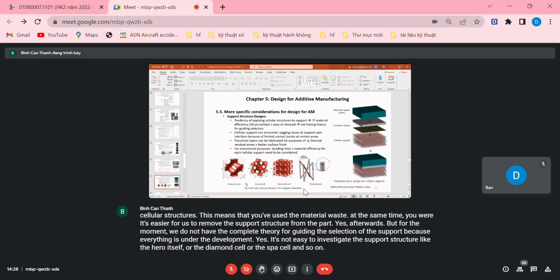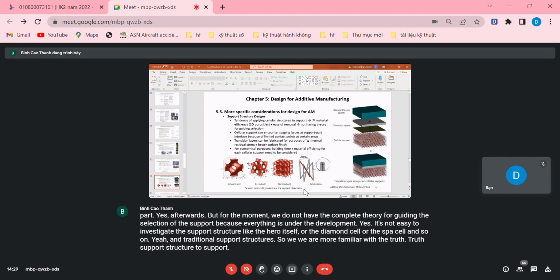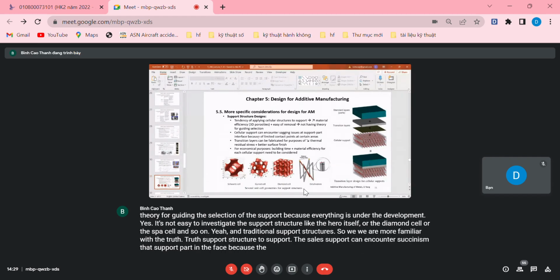It's the untraditional support structures. So we are more familiar with the truss support structure. The cell support can encounter such an issue at support part interface because of limited contact points at certain areas.